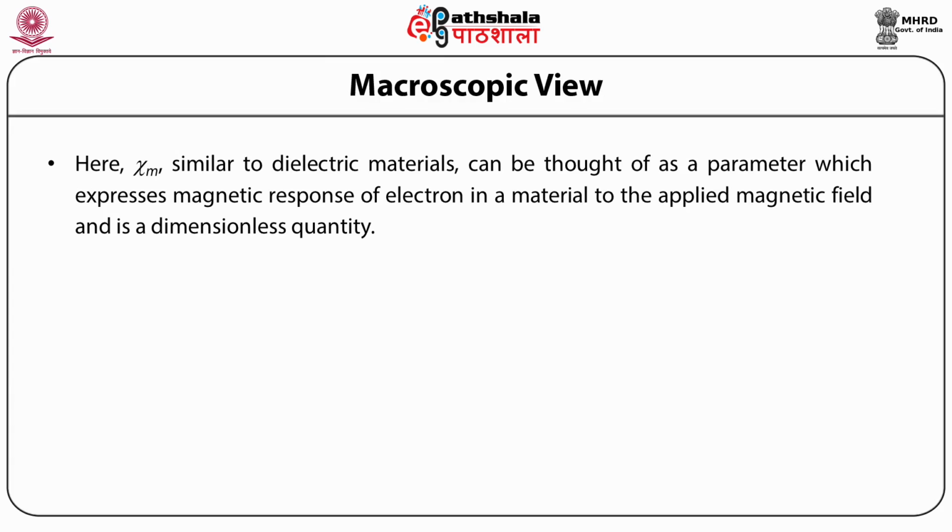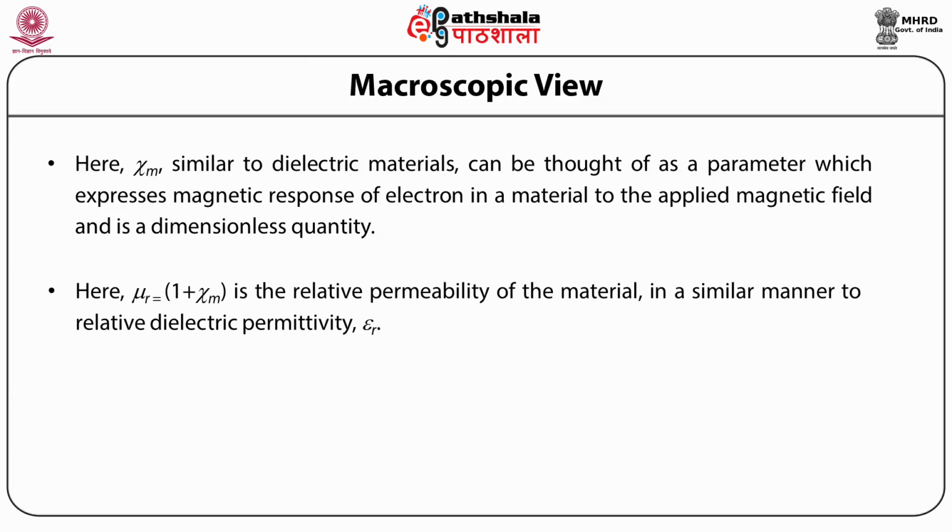Here chi m is similar to dielectric materials, and it can be thought of as a parameter which expresses the magnetic response of an electron in a material to the applied magnetic field and is a dimensionless quantity. Here mu r is equal to 1 plus chi m, the relative permeability of the material, in a similar manner to the relative dielectric permittivity epsilon r.